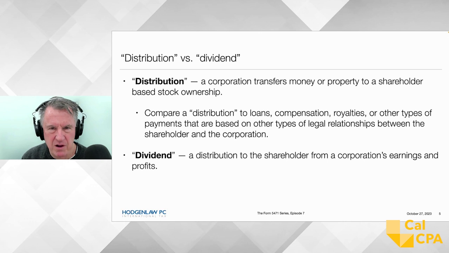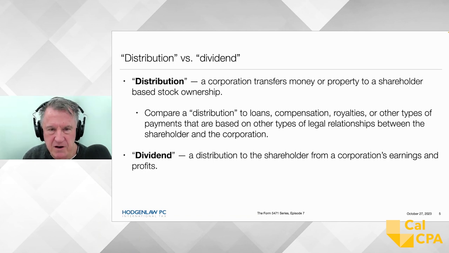So the legal relationship between the shareholder and the corporation is the ownership of shares. And distribution means money or property flows because of that legal relationship, unlike a loan, or I'm an employee of my own corporation, or I'm charging my corporation rent, or whatever. Those are different legal relationships. So we're strictly talking about because my name is on the share certificate, I'm getting stuff.